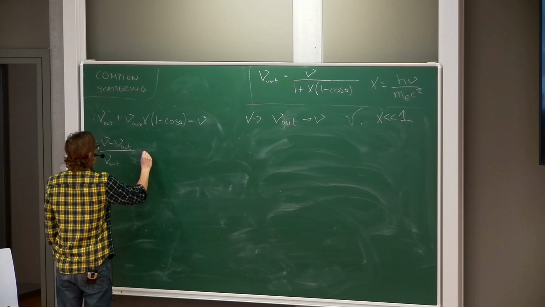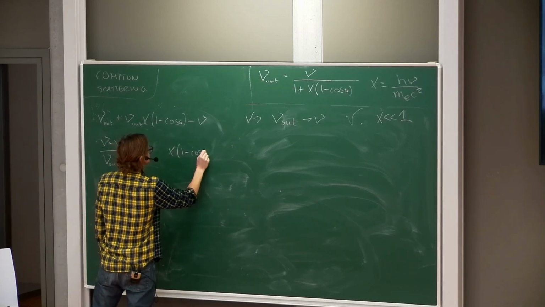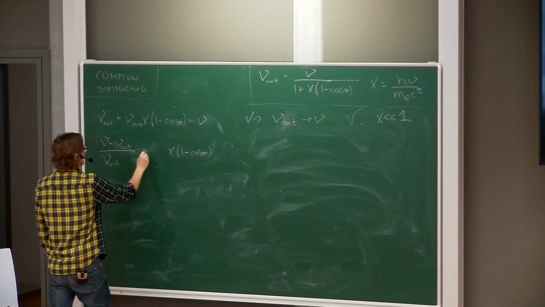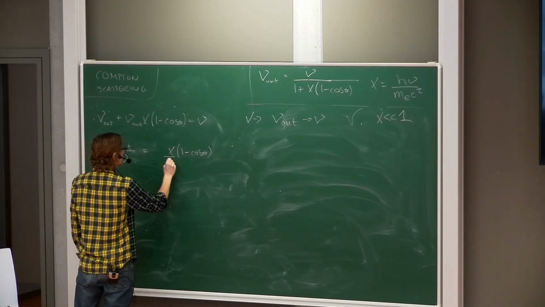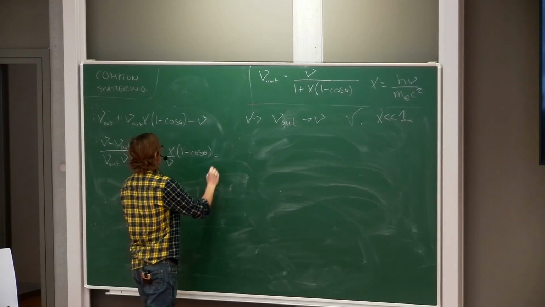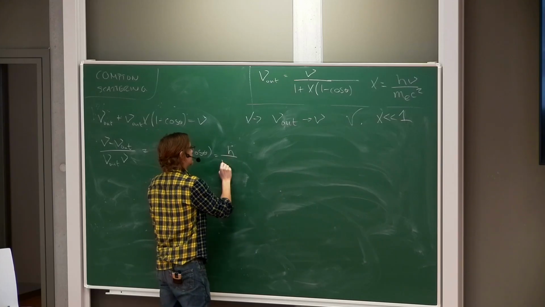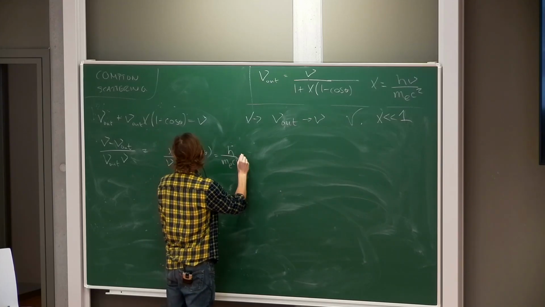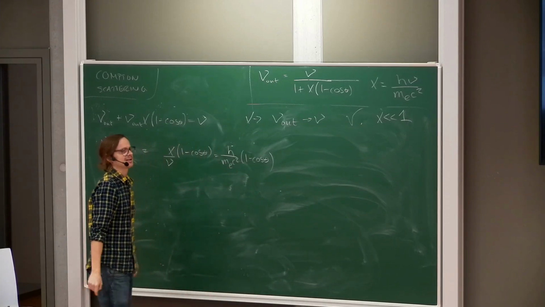That's just now x times 1 minus cosine of theta. And then we divide this again by nu, and then you see what happens with your x there. This is just h divided by m_e c squared, times 1 minus cosine of theta, the point of this being a constant.